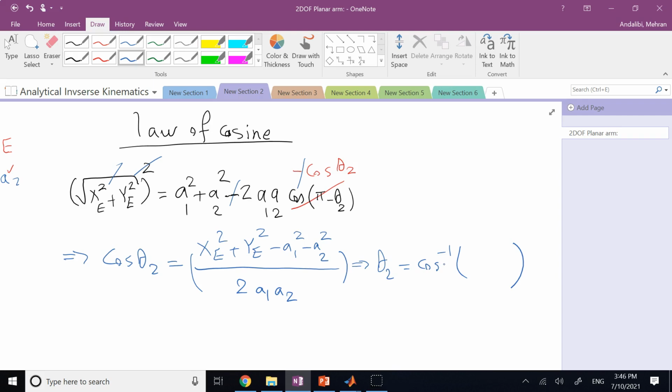So instead of taking cosine inverse, as I said, in robotics we always try to use arctangent 2, because this one is quadrant corrected. That is my preferred inverse trigonometric function. So instead of cosine inverse, can I somehow do tangent inverse? The answer is yes.